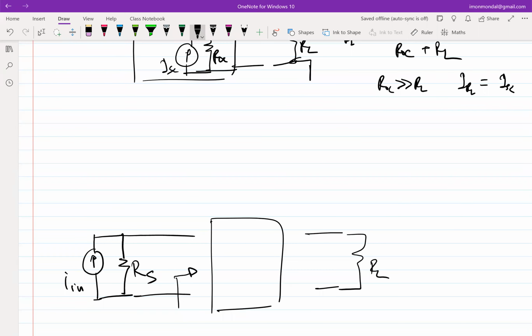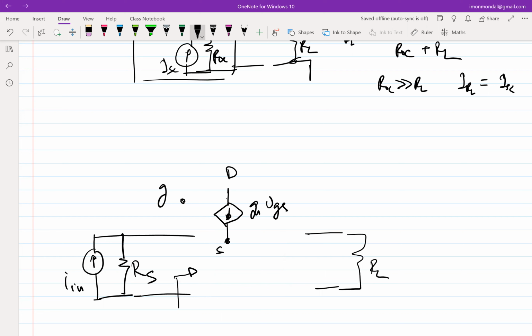And if I can increase GM sufficiently, then I can, in principle, lower the resistance looking into the terminal. Correct? So if I have a transistor whose source is this, drain is this, gate is this, I know that this is GM times VGS is the relationship.